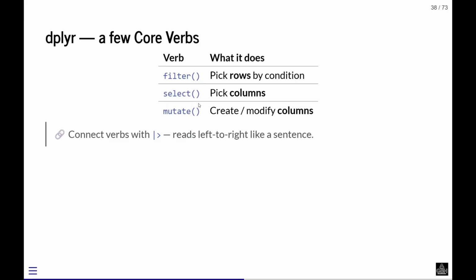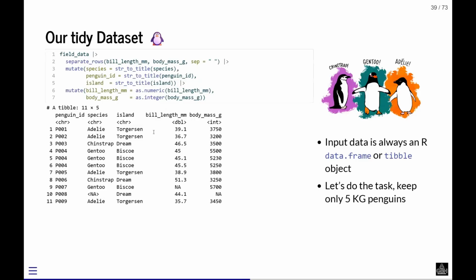We have thousands and thousands of columns in some data. We cannot see them at once. So then we use select to pick some columns. We use mutate, we already saw that, to create or modify columns. And again, the pipe reads left to right like a sentence. So we connect everything with the pipe. So let's see, how can we have only 5 kg penguins?